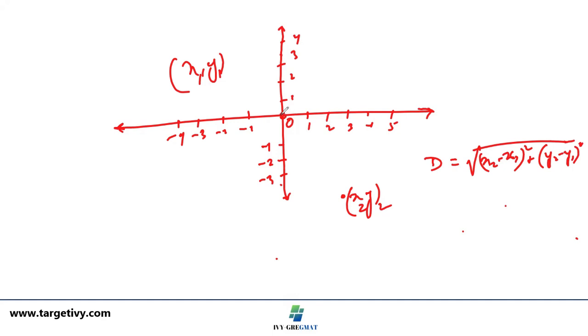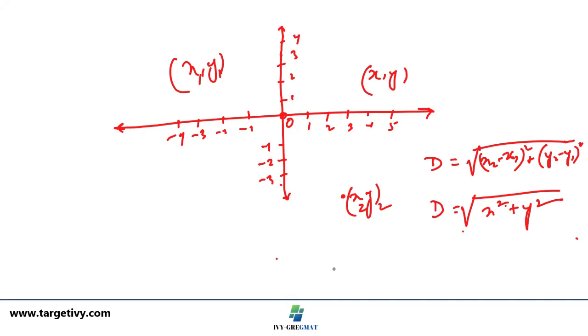If it originates from here to some point x and y, the distance d will be root over x square plus y square. We'll further delve into it.